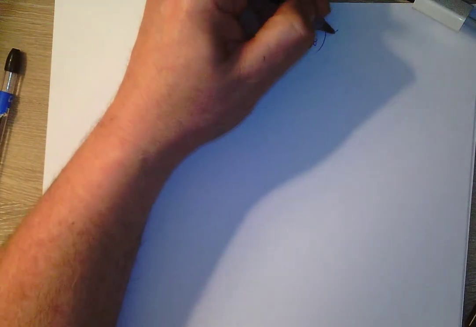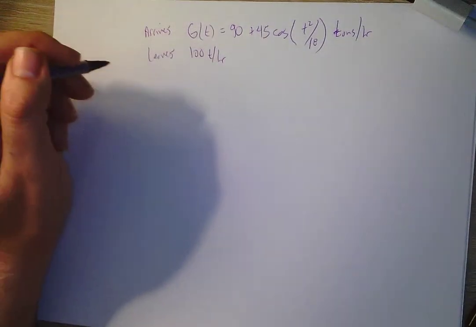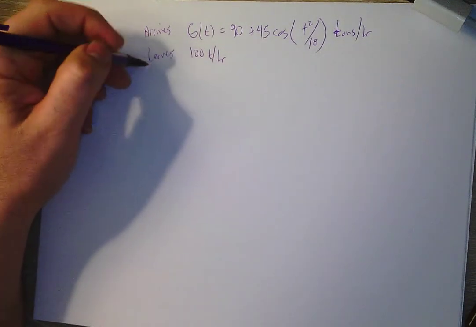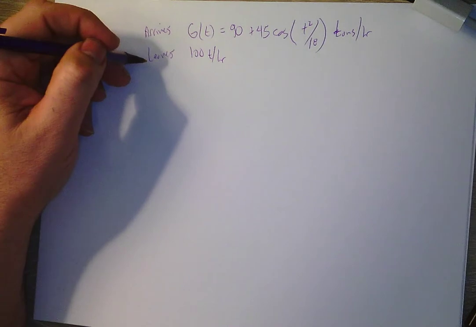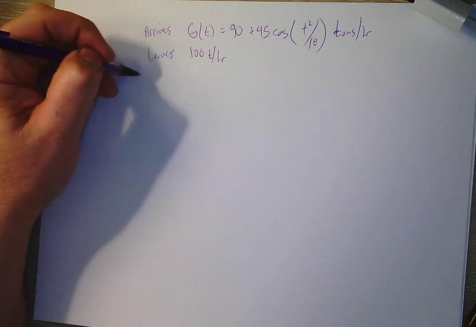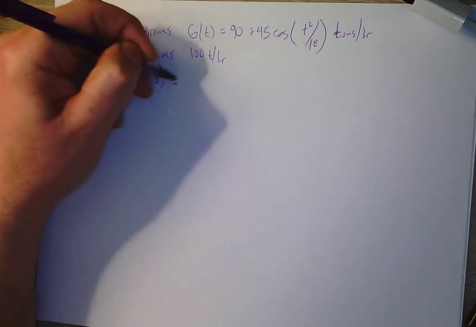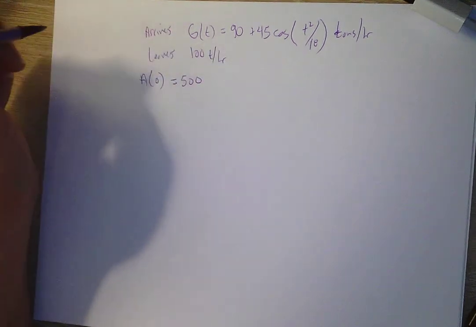By the way, gravel arrives in tons per hour. At time equal to 0, there are 500 tons of unprocessed gravel there. So the amount at time equal to 0 is 500.